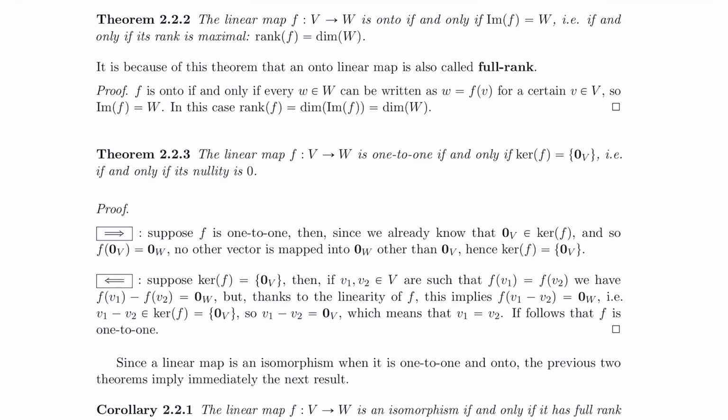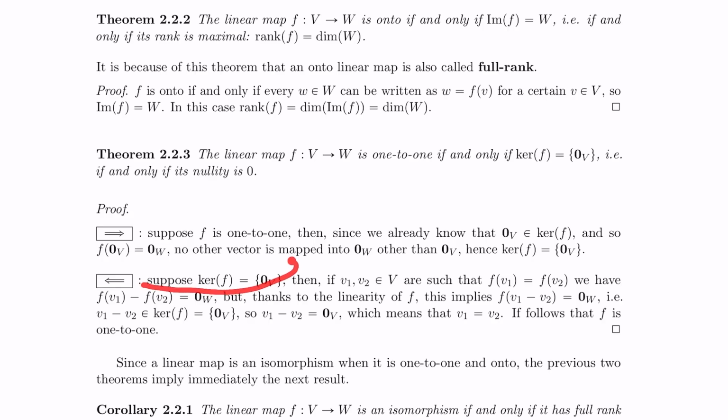However, thanks to the linearity of f, we can rewrite this as f applied to the difference between V1 and V2, obtaining the null vector of W, which means that this vector here belongs to the kernel of f.